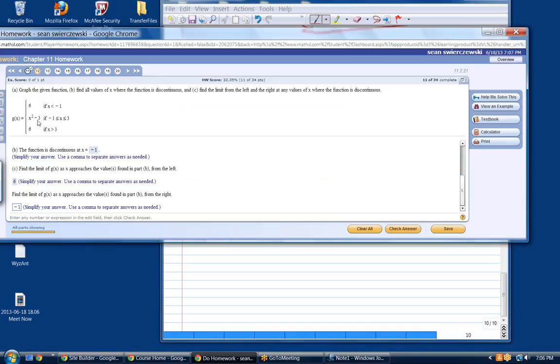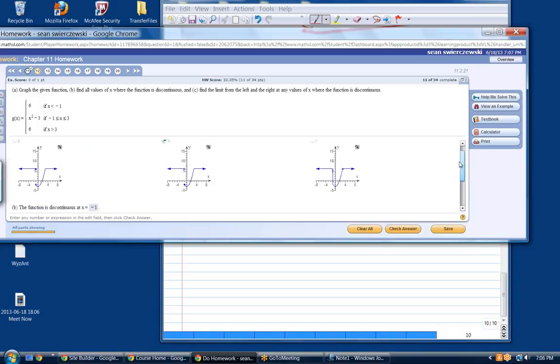Do you think it would be 6 again? Now hold on. Let me look at the function. Oh, it's -2. In other words, we're approaching -1 from the right, but the y value is -2.